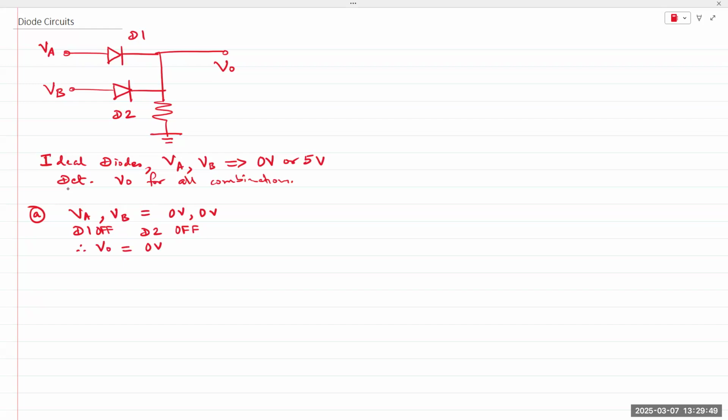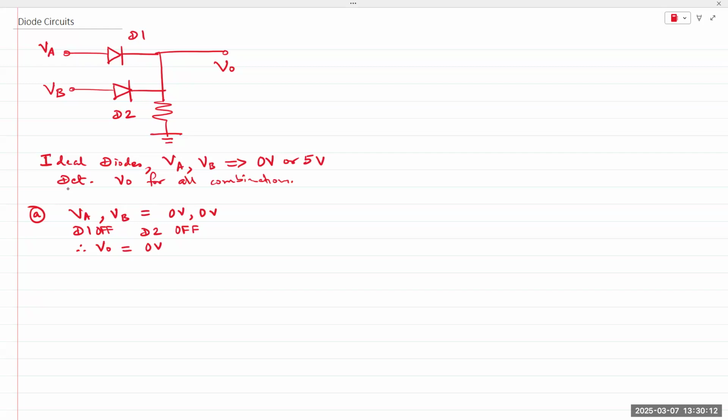For ideal diode analysis, all we need to look at is the relative voltage of the anode with respect to the cathode. If the anode is higher, the diode is on and replaced with a short circuit. If the anode is the same or lower than the cathode, the diode is off, replaced with an open circuit.